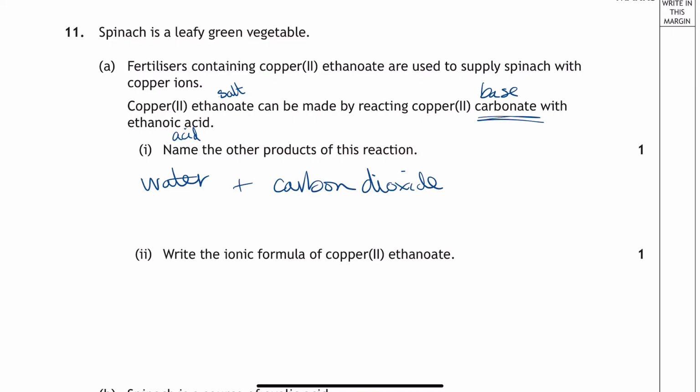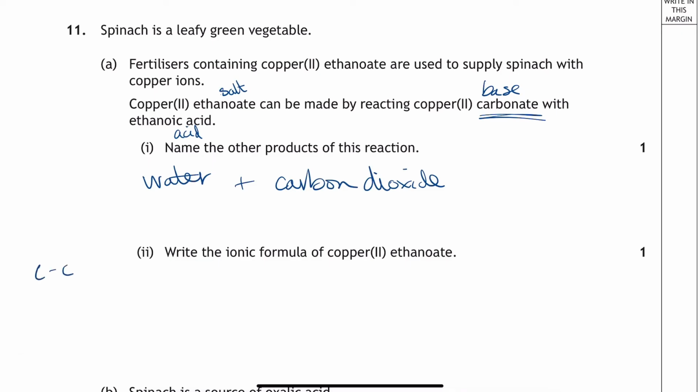So then write the ionic formula of copper 2 ethanoate. So ethanoate, if we draw ethanoic acid, the ethanoate is basically the acid with the hydrogen taken off it and the copper put in its place.